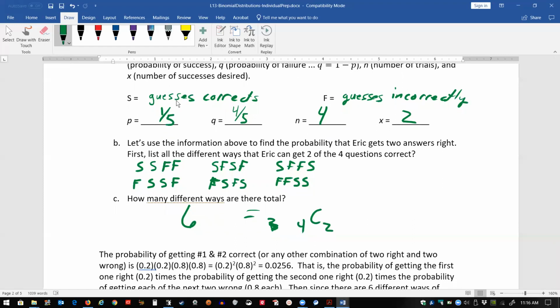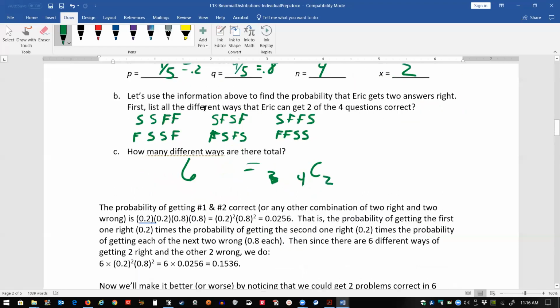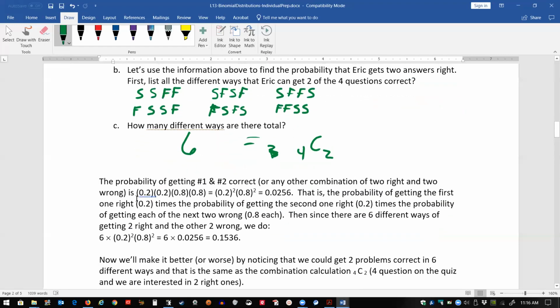By the way, those are 0.2 and 0.8, so that's where those numbers are coming from. And so for all of the other 5 ways, you still have those same numbers being multiplied together: 0.2 times 0.8 times 0.2 times 0.8. It's still going to give you the same result.